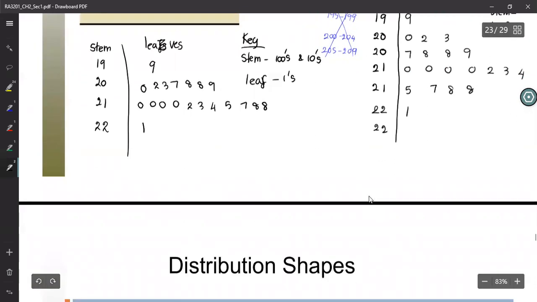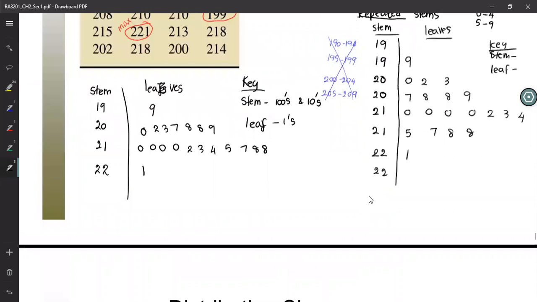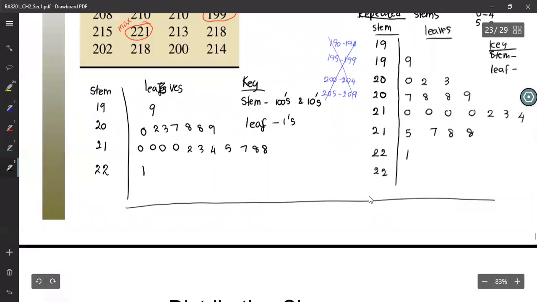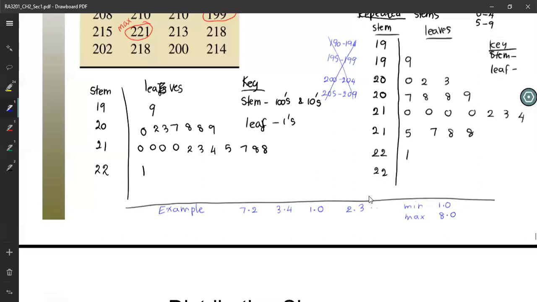Now, this is something extra, but there is an example at the end. For now, I'll give you another example. What if you have a data set like this? 7.2, 3.5, 1.0, 2.7, and something like this, with the minimum 1 and the maximum, say, 8. What is the best way to choose the stem and the leaf?